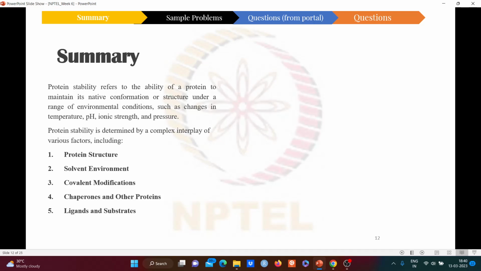For example, the binding of a substrate can stabilize the active conformation of an enzyme, while the binding of an inhibitor can destabilize it. Overall, the stability of a protein is a complex and dynamic property that is critical for its function and biological activity. Understanding the factors that contribute to protein stability can help in the design of more stable proteins for therapeutic applications.